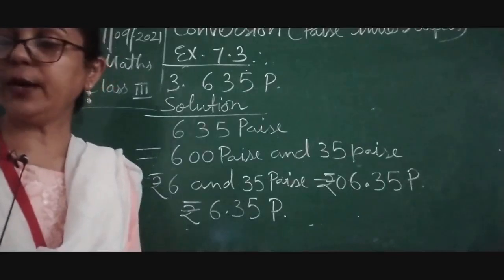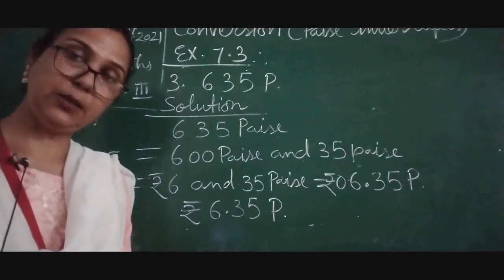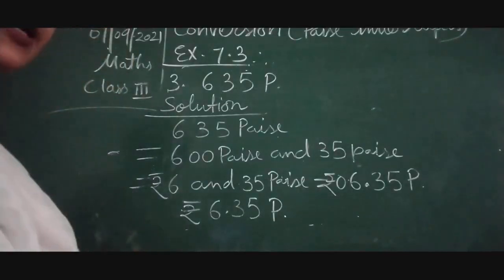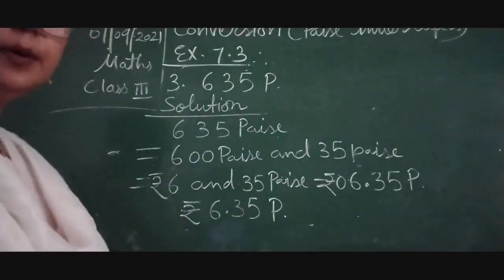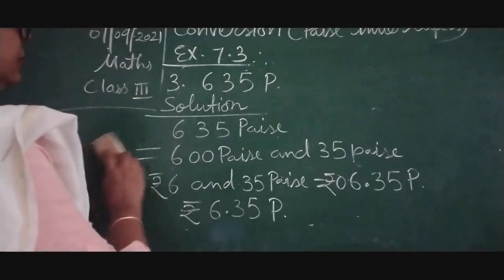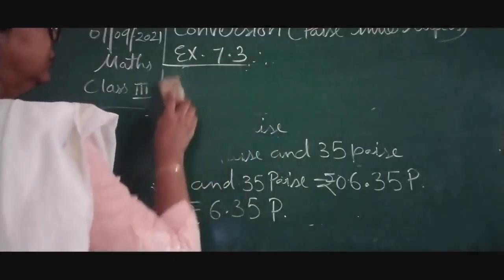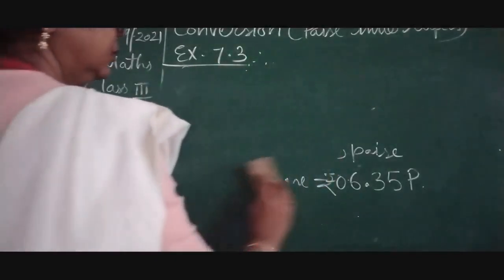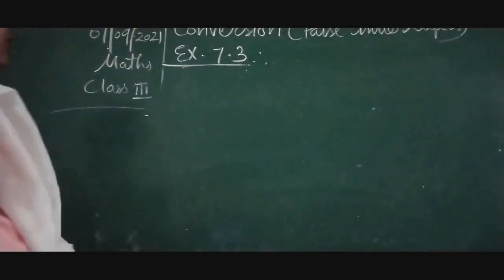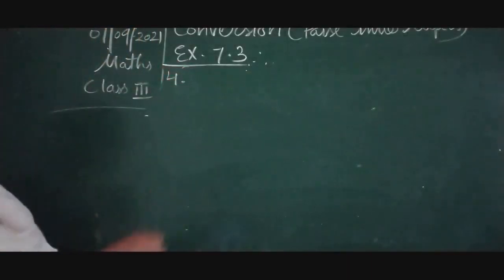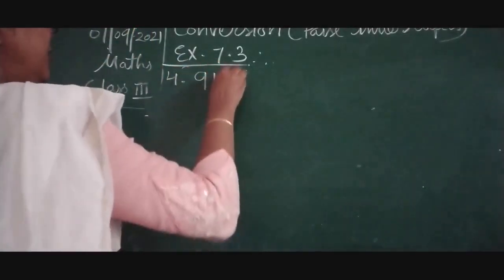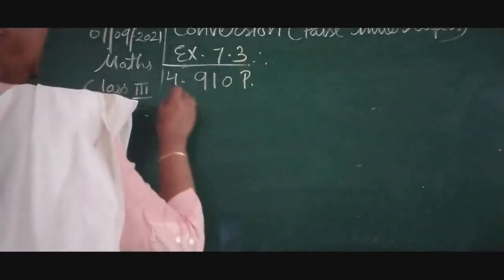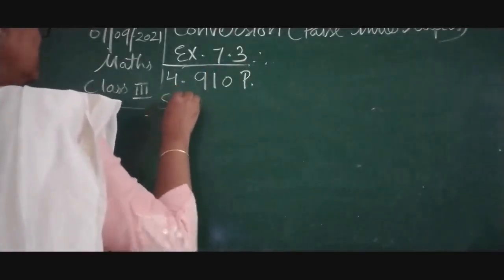At number 4 you can see 910 paise. Complete number 3. Now we will do number 4.